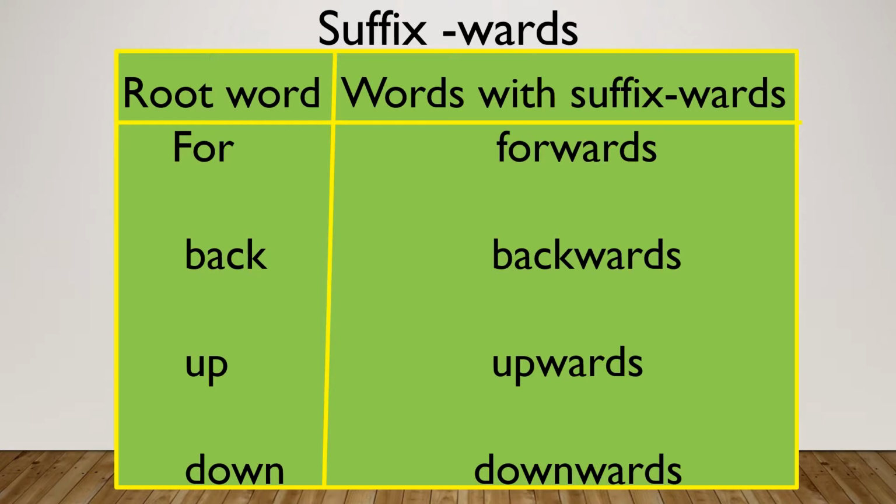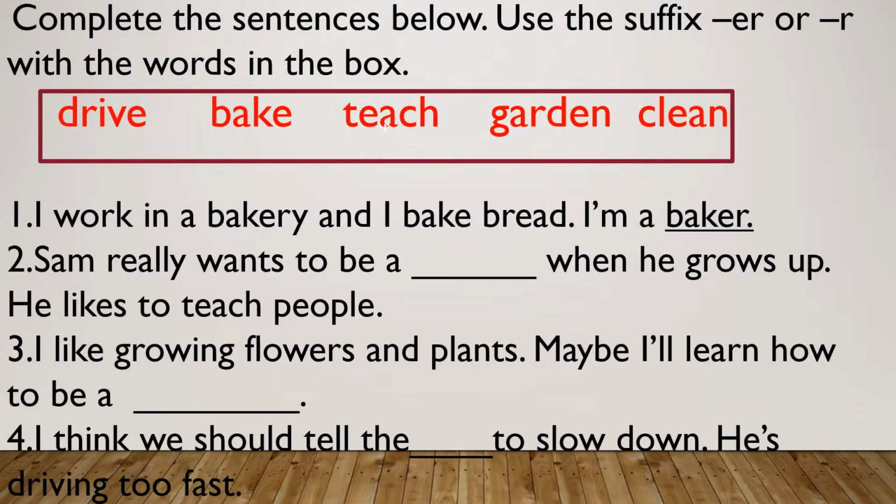Have you understood student? Now student, here is a homework for you. The first one is: complete the sentences below using the suffix er or r with the words in the box. Correct?